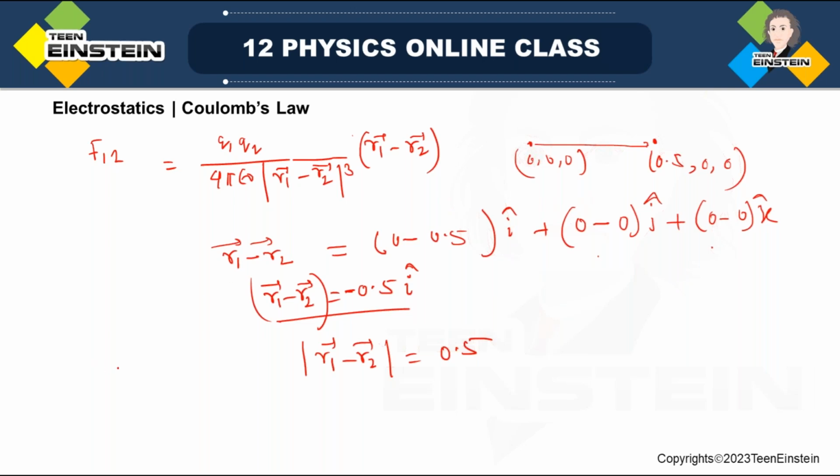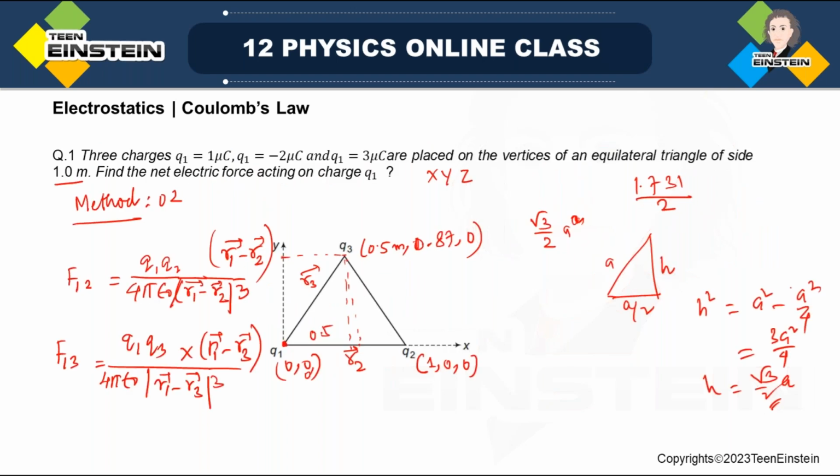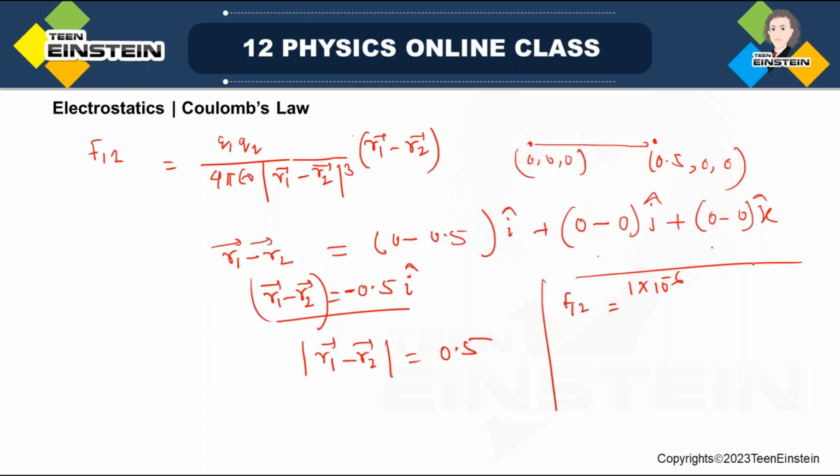So what we are getting here for the force F12 is equal to, see, q1 is 1 microcoulomb, so 1 into 10 to the power minus 6, and q2 is 2 microcoulomb with a minus sign, 10 to the power minus 6 again.